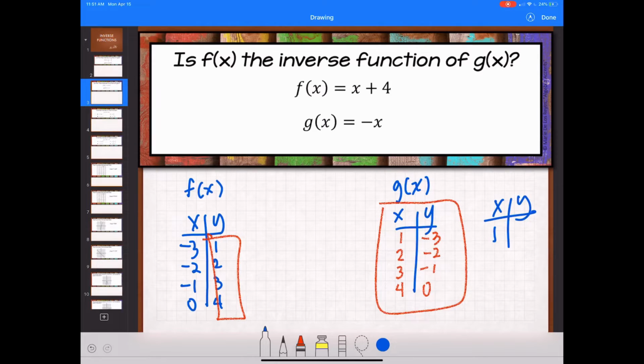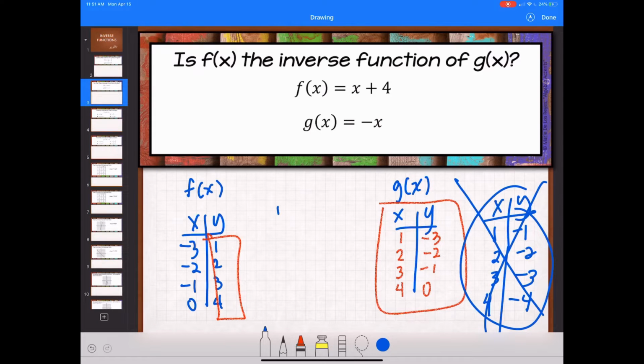When I look for 1, I see that it equals -1. When I look for 2, it equals -2. When I look at 3, -3, and 4, -4. So no, they are not inverses. Because remember, the x and the y values should trade places.